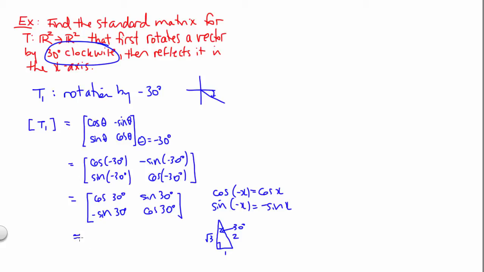So that tells us that cos of 30 degrees, adjacent over hypotenuse, is going to be root 3 over 2. Sine of 30 degrees, that's opposite over hypotenuse, is going to be 1/2. In the first column there, that entry is minus 1/2. And then in the second column, we've got 1/2 and root 3 over 2. So that is a standard matrix for the first part of our transformation.